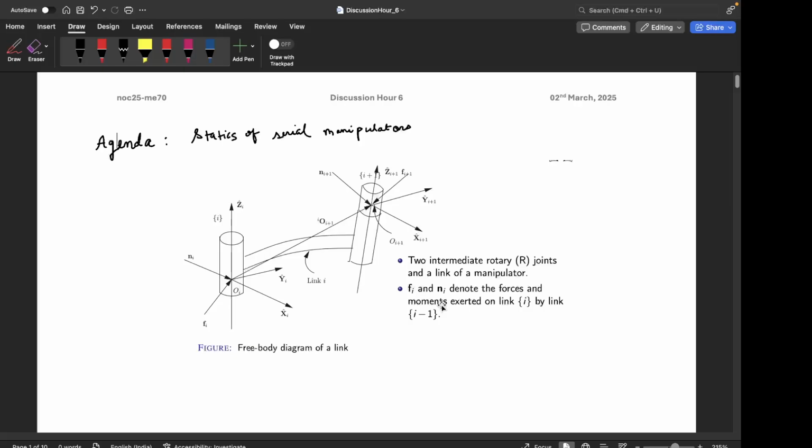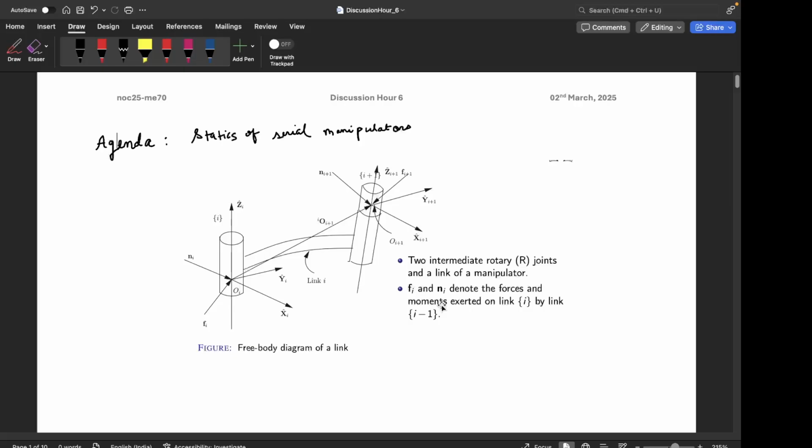Now, after that, we also discussed the concept of singularities and basically how we can find out the singular points for a given manipulator by analyzing the Jacobian. So we saw that we can find the determinant of the Jacobian and configurations in which the determinant of the Jacobian is 0. Those configurations correspond basically to the singular configurations.